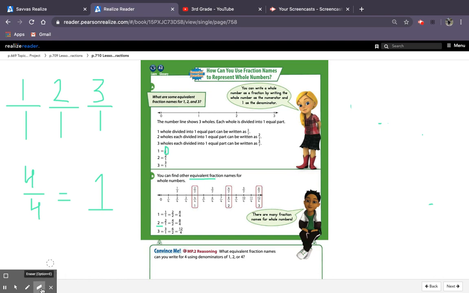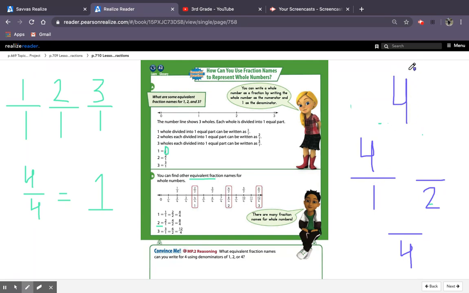So our denominators are going to be 1, 2, and 4. So to write the number 4, again, to leave it as a whole number 4, 4 over 1. That would equal the number 4, because all of these equal 4.